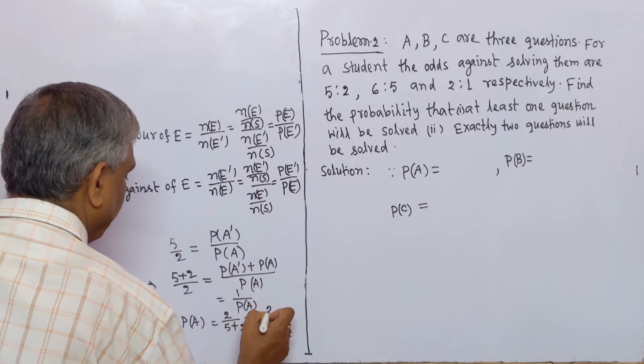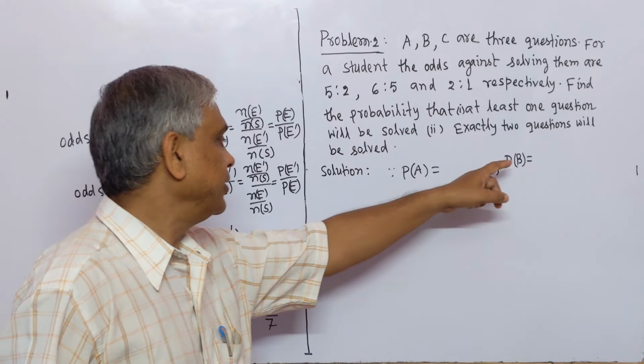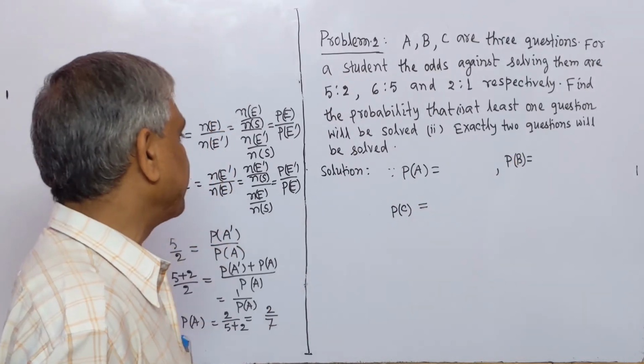This is 2 by 7. So similarly we will find the probability of B and probability of C.